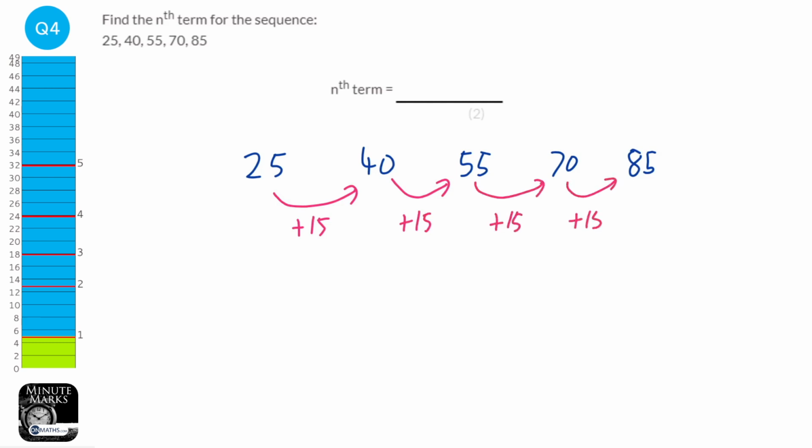And whatever the sequence is going up in is what goes before n, so it's going to be 15n. Now 15n would give us the 15 times table, and this isn't the 15 times table. So to work out what the offset is, we go and find our 0th term. So instead of adding 15, when we go backwards, we're going to take away 15. And so that would be 10. And so our answer is going to be 15n, and we're going to add that 10 on.